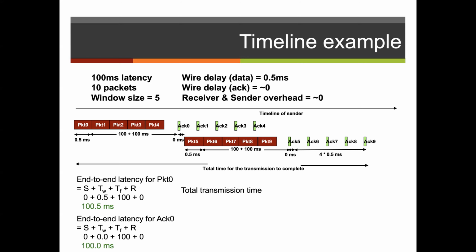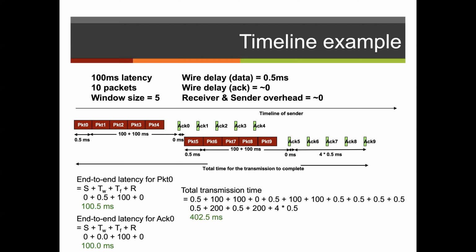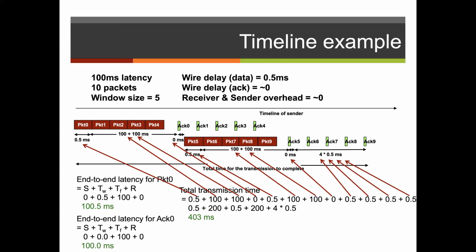So our total transmission time, if we multiply that by 5 and sum, so we have 0.5 plus 200 plus 0.5 plus 200 plus 4 times 0.5. So we have each time that is based off of each packet that is being transmitted.